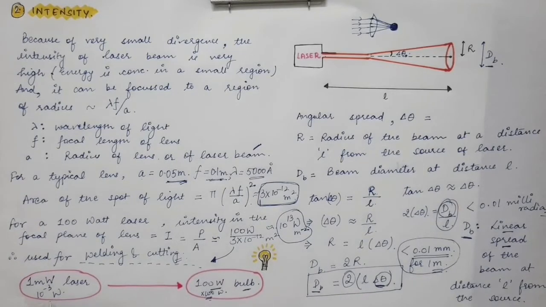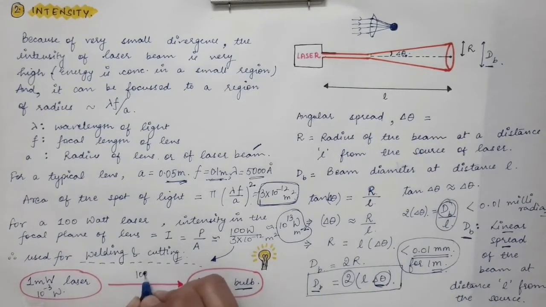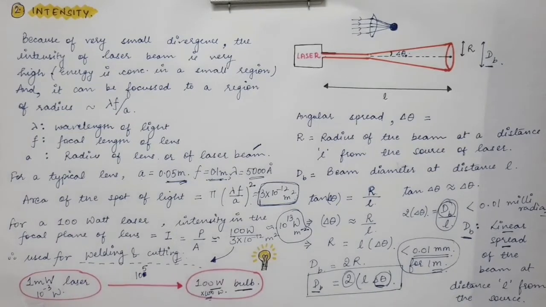Here the power of the laser is 1 by 1000 of 1 watt, and over here the power of the bulb is 100 times that of 1 watt. So the power consumed by this bulb is 10 power 5 times that of this laser.